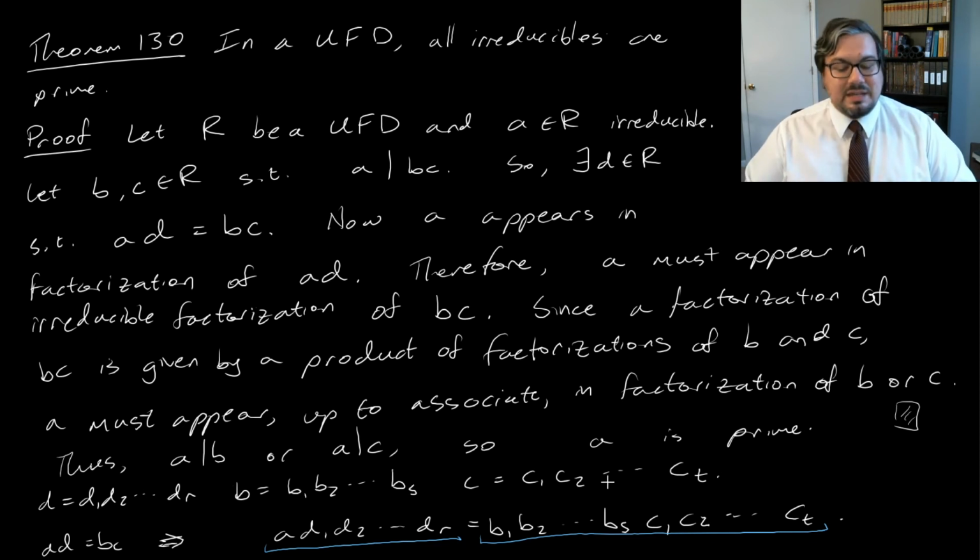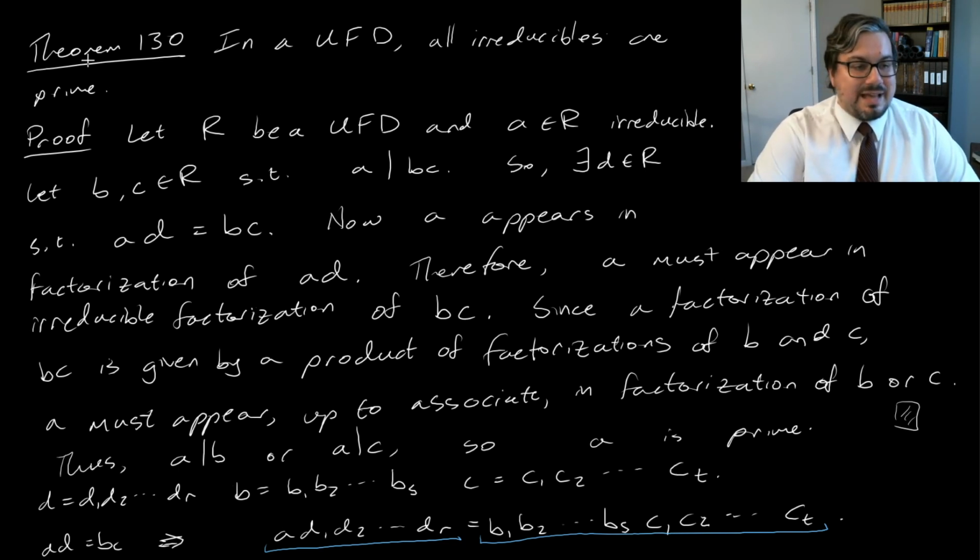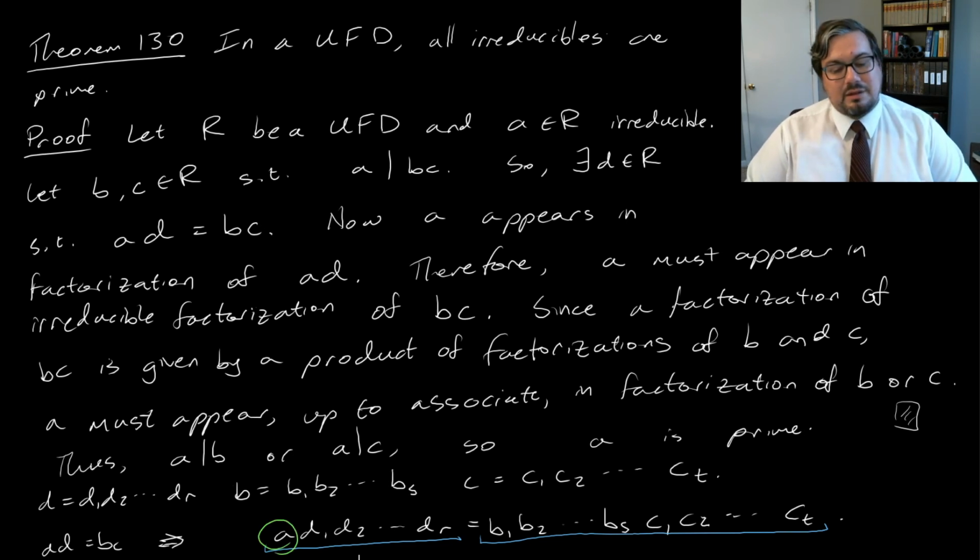Since R is a unique factorization domain, these two factorizations must be essentially unique, meaning that there must be the same number of elements on both sides, and after reordering, each element on the left must be associate to its corresponding element on the right. Which means that if I pick out any irreducible element on the left, such as A, it must be associate to some irreducible element over here on the right-hand side.